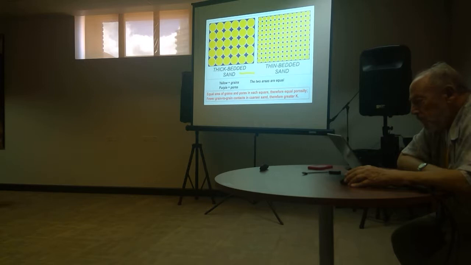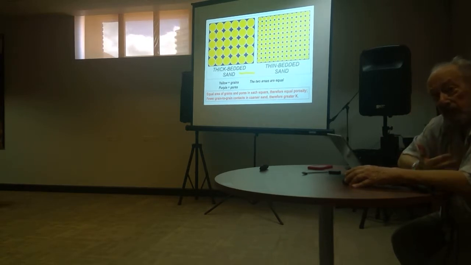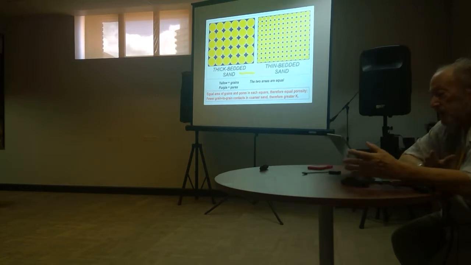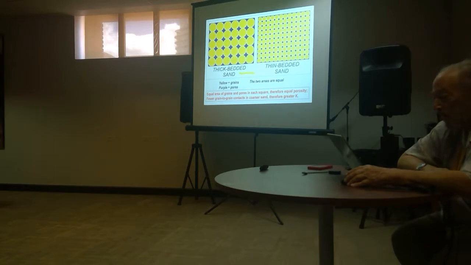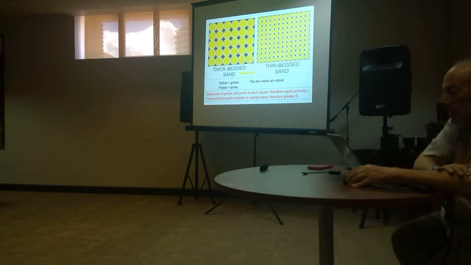So what you have here is an area, or we could think of this as a 3-dimensional volume, and let's say you have perfect sorting. All the grains are the same size. So the yellow is going to be your matrix, and the purple here is going to be your pore spaces. Now, this might be, say, a medium grain sand, something like that.